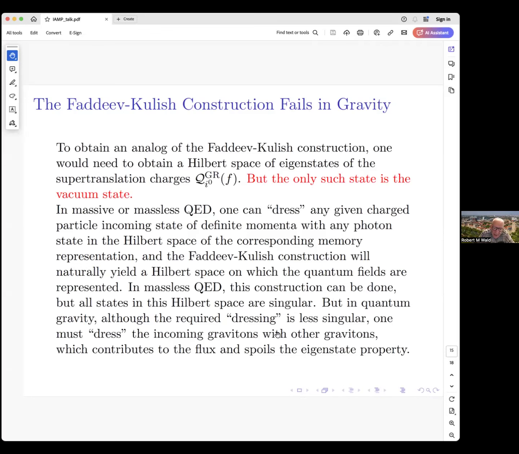But then in quantum gravity, as I've just explained, if you tried to do this, you'd have to dress the incoming gravitons with other gravitons. Those gravitons would then contribute to the flux, and you'd have to try to dress them, and you just can't make that process convergent so that you end up with an eigenstate.